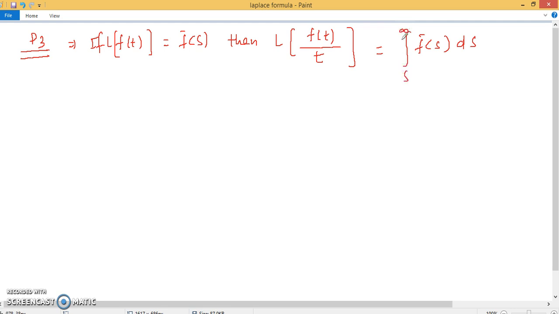Okay, so consider an example: find the Laplace of sine of t by t. You know the Laplace of sine of t. What is the Laplace of sine of t? 1 by s square plus 1.